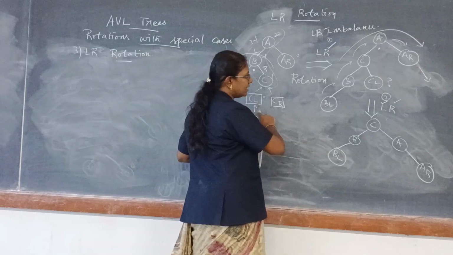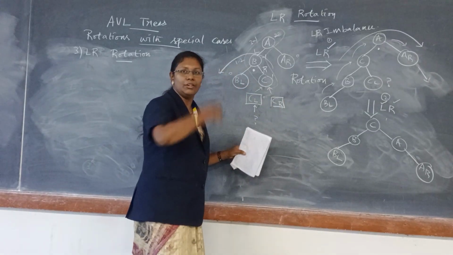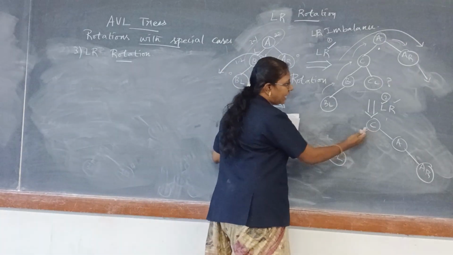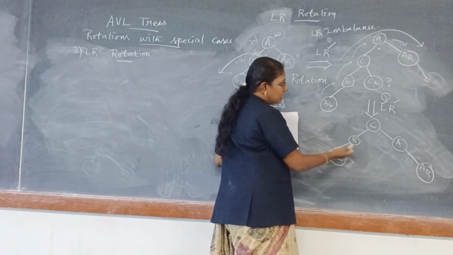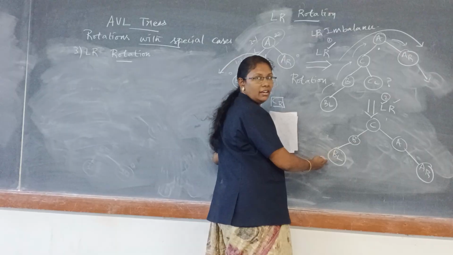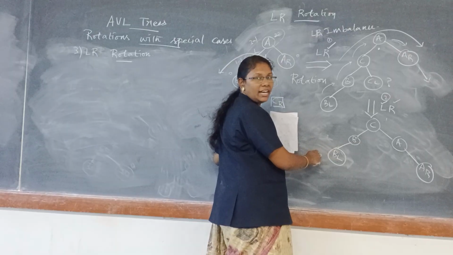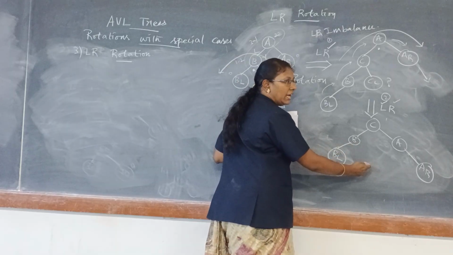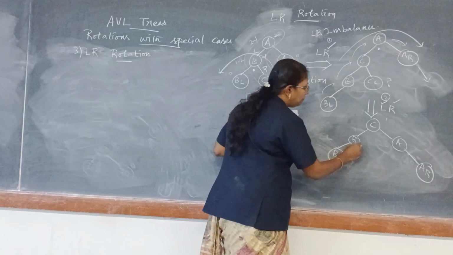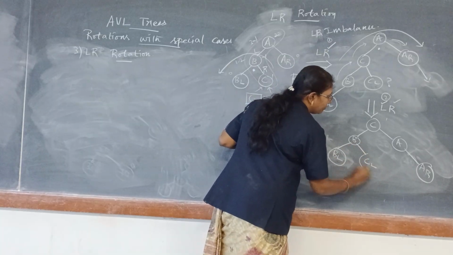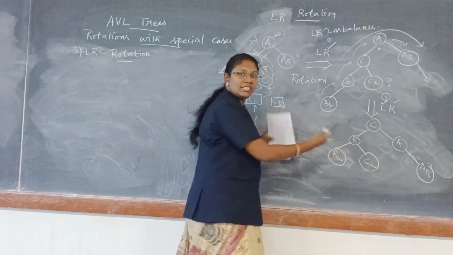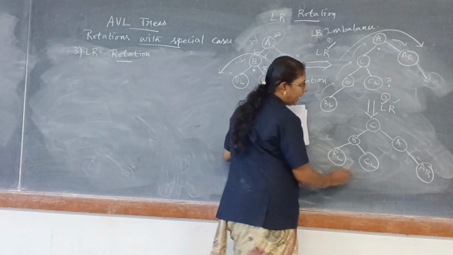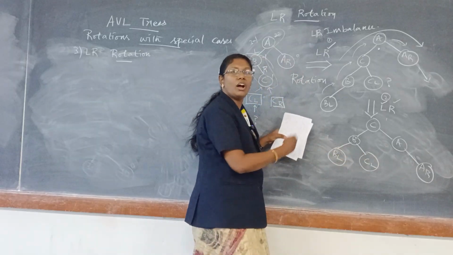I can attach this CL to the left child, but the immediate left child is B, so I cannot attach here, as there is no space for attaching a left child. But we have one more space in the right child of B. So I am inserting CL there so that the left child of C always remains in the left subtree only. Now calculate the balance factor for all the nodes.